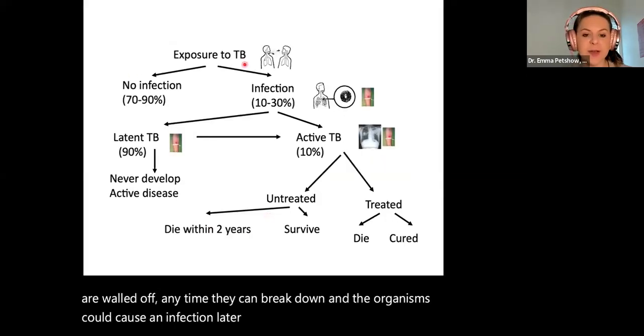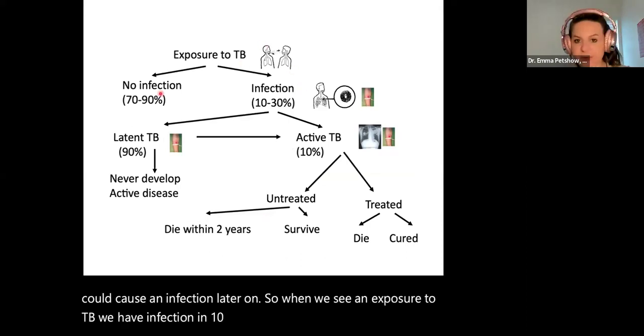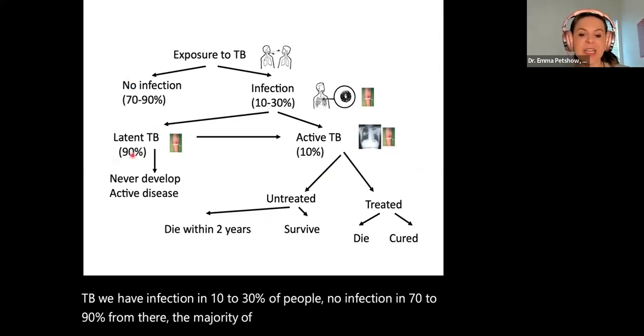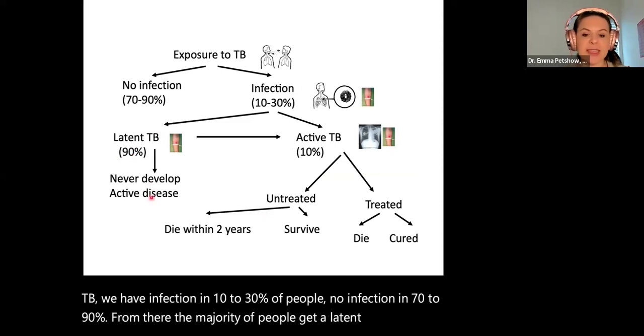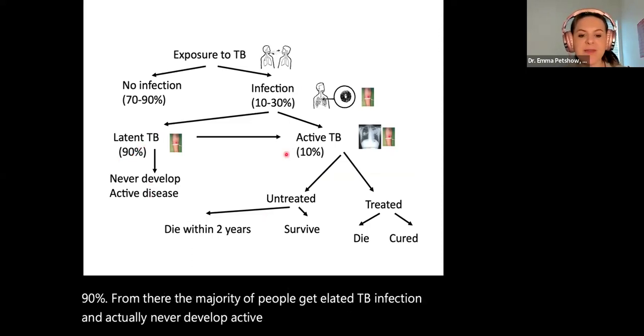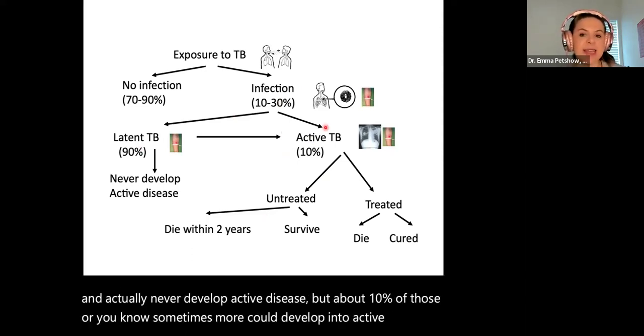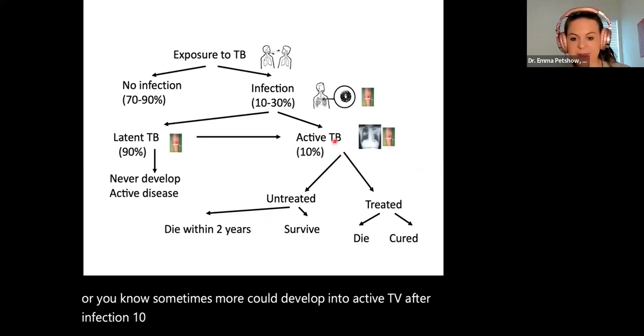So when we see an exposure to TB, we'll have infection in 10 to 30% of people, no infection in 70 to 90%. From there, the majority of people get a latent TB infection and actually never develop active disease. But about 10% of those, or sometimes more, could develop into active TB. After infection, 10% will automatically go into active TB.